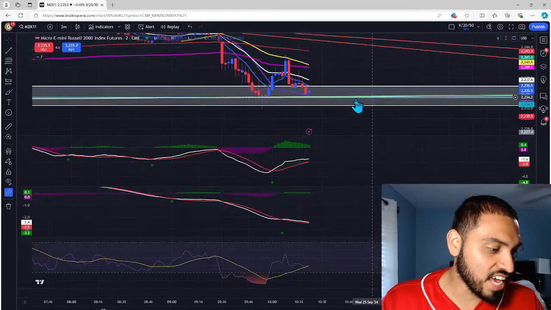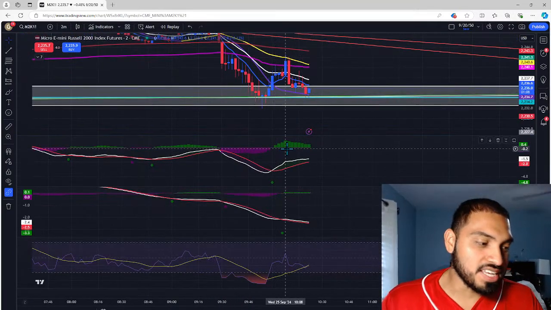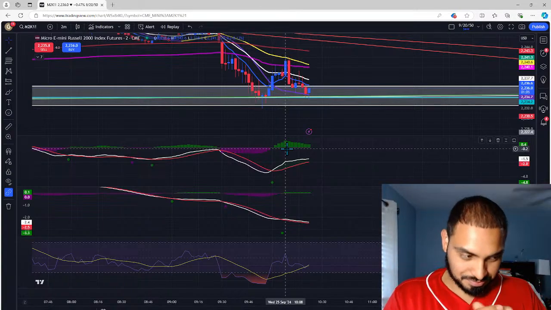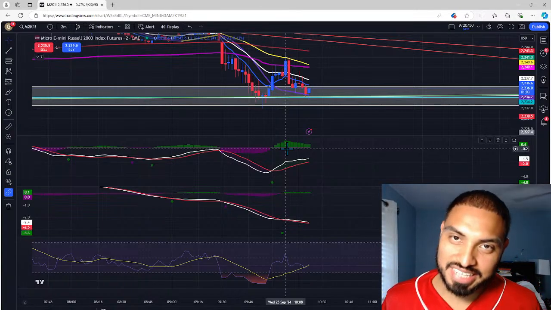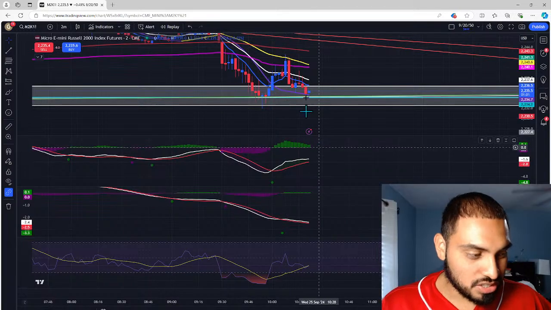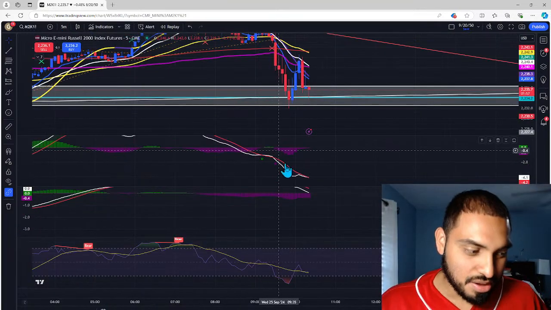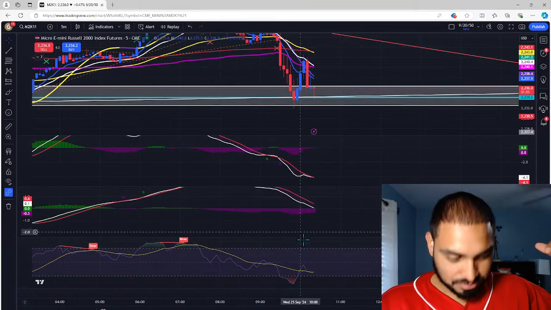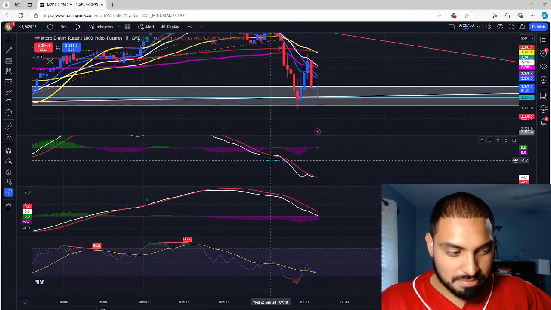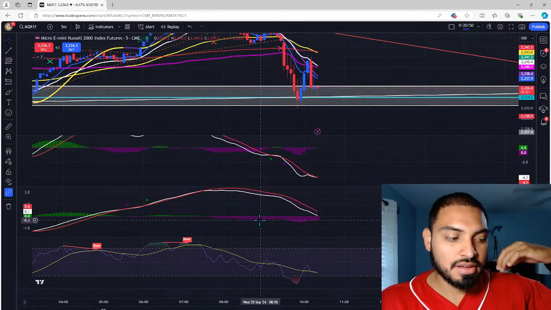So the Dow Jones gave me my play. Well, choppiness, why? This is how you can identify chop. Look at the 2-minute. Look at the 5-minute. 5 minutes still coming down. Micro trend MACD coming down.